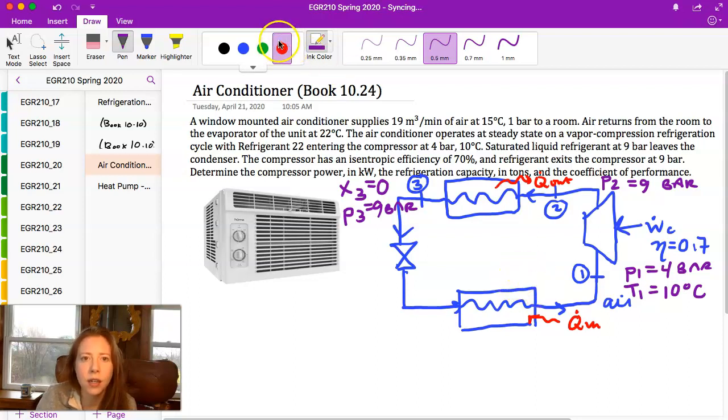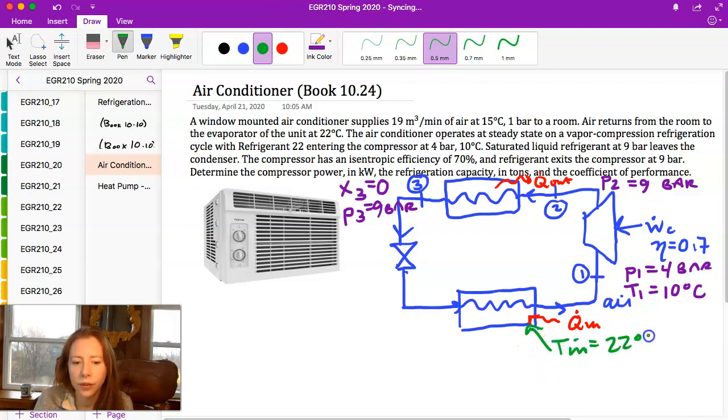we have T in at 22 degrees Celsius. I'll do different colors, since it's a different line. We have T out, which is going to be 15 degrees Celsius, at 1 bar.